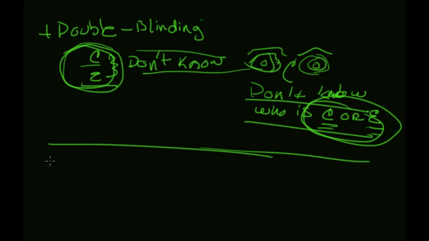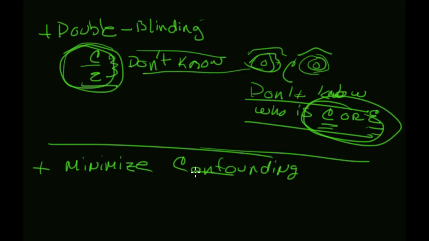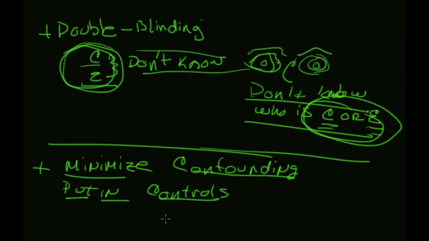Okay, so the last one is like other efforts to minimize confounding. Okay, so this is all about putting in controls. For example, you want to make sure like your sample is a broad representative sample.